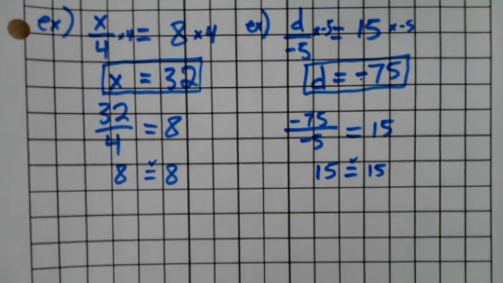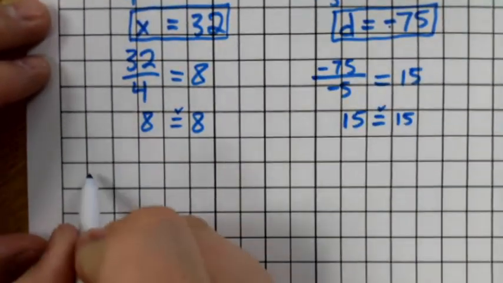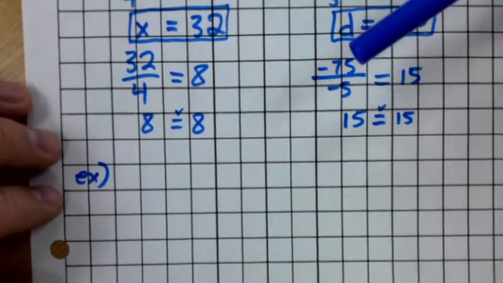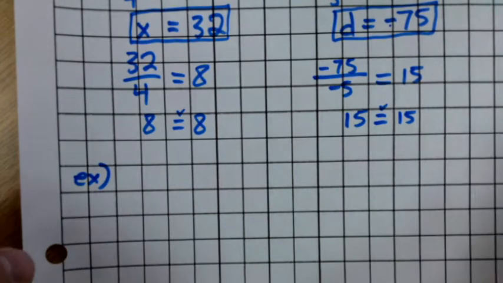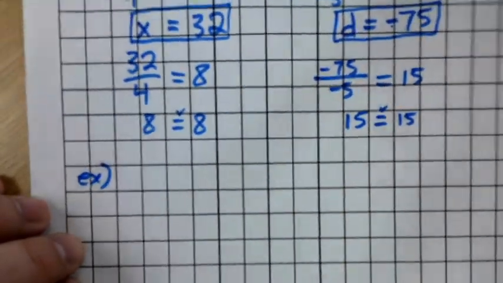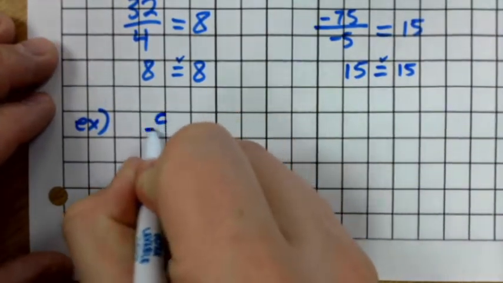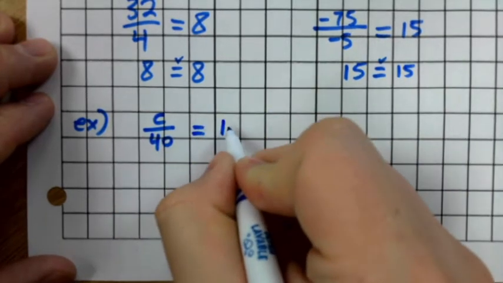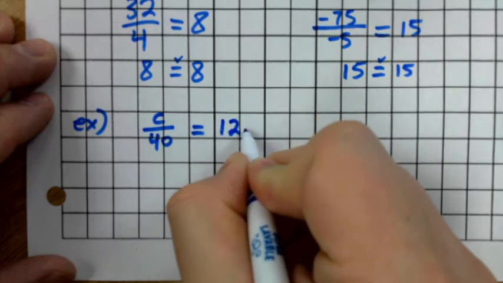I'm going to show you a more proper way to draw in this multiplication here, and it involves me needing to leave a little bit of extra space. So I'm going to do this one more time here. Let's take c over 40 equals 120.